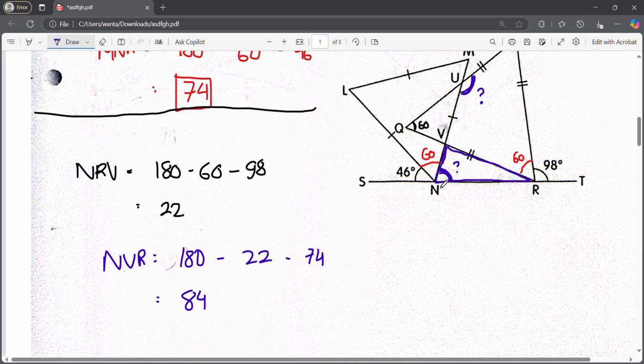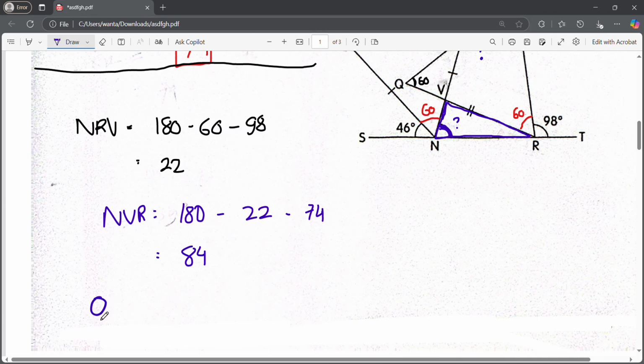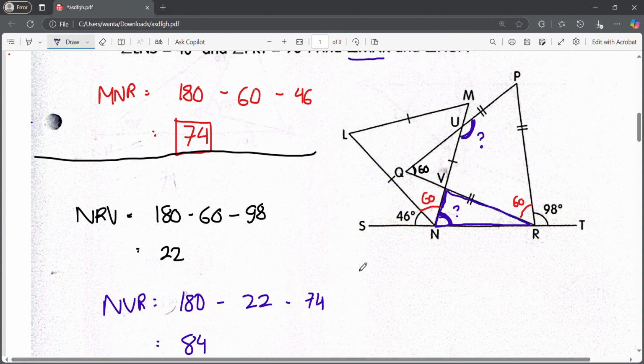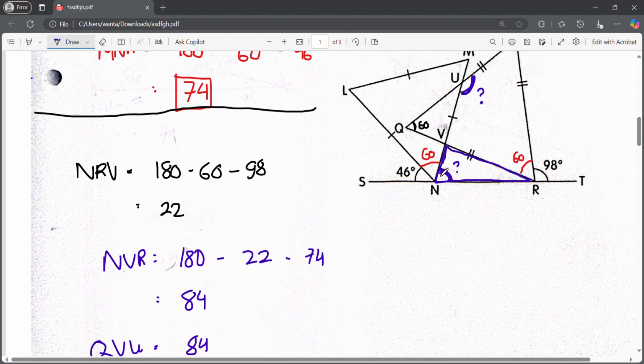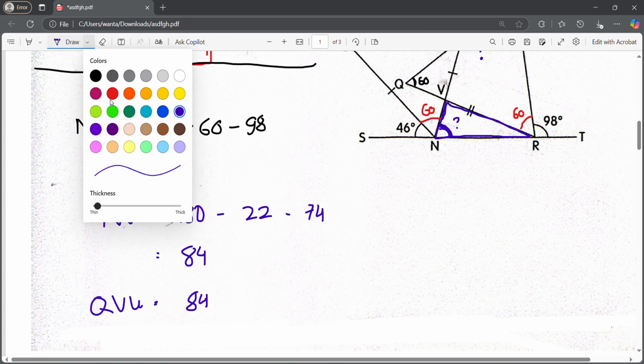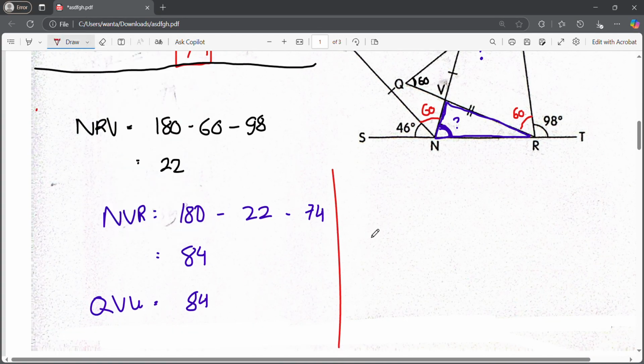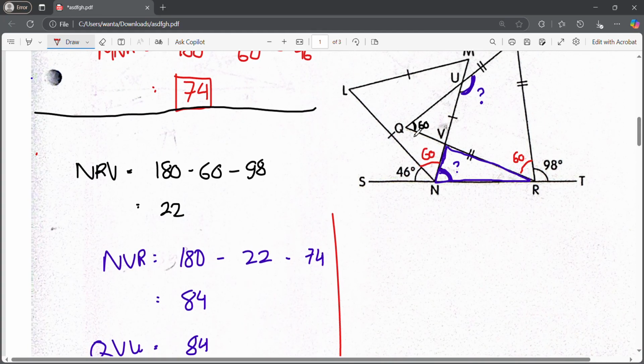Now, how does that help us? Well, NVR is 84, and because it's opposite with QVU, that means QVU is also 84. This works because of opposite angle properties, so we can write QVU is equal to 84 due to opposite angles. But we have to make sure they're both straight lines crossing each other. So we got QVU, and that actually helps us a lot. Now we got QVU, we got VQU, we can find QUV now.